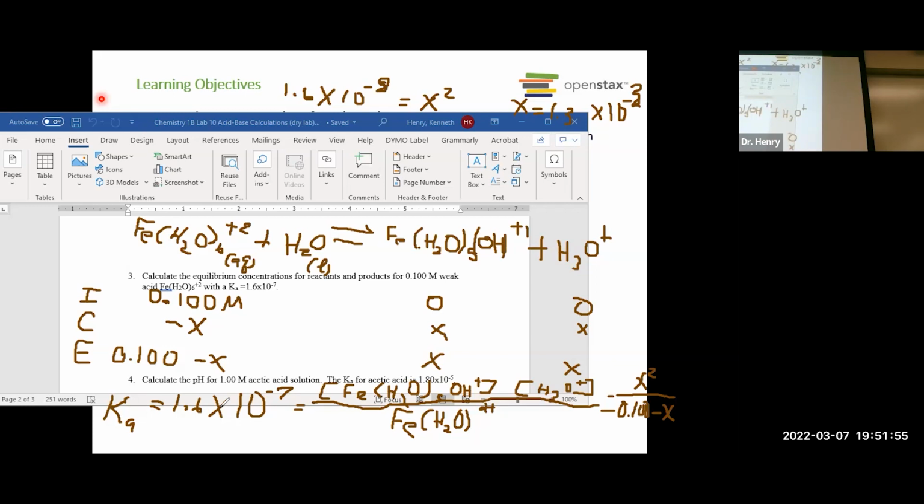Okay. So then that would give us the concentration of the products, not the reactants. How do I get the concentration of the reactant? What is our at equilibrium? We just plug it into here, right?